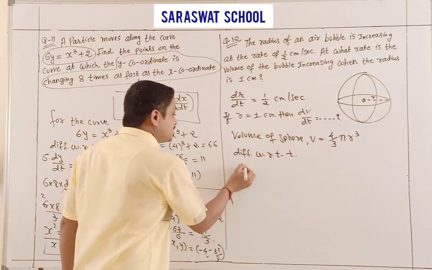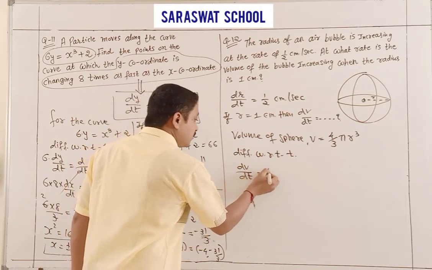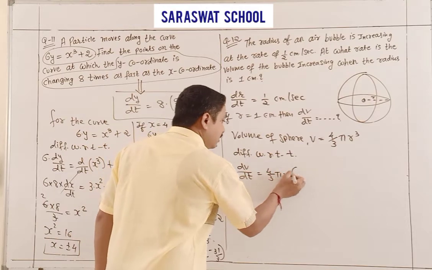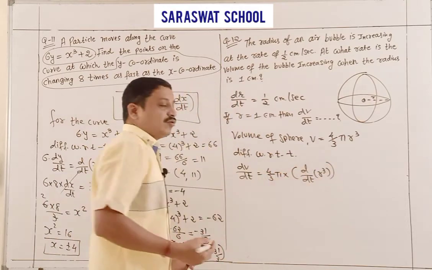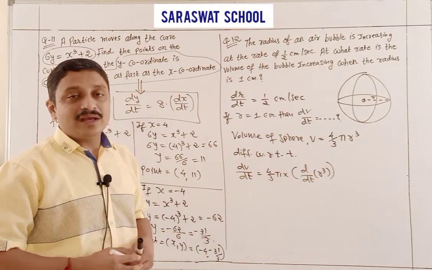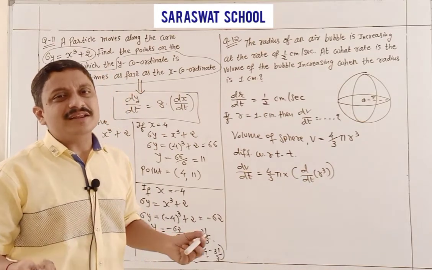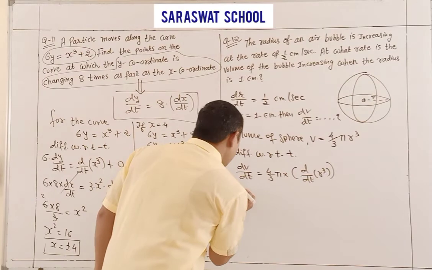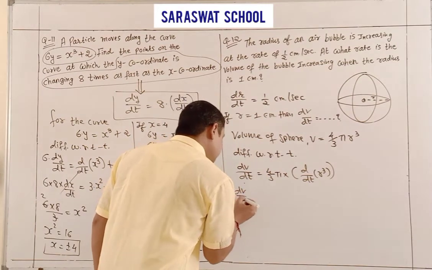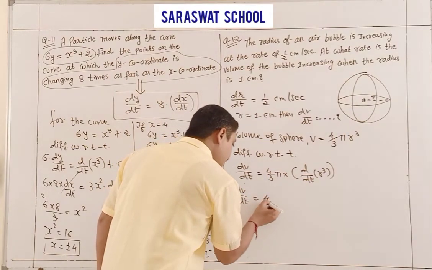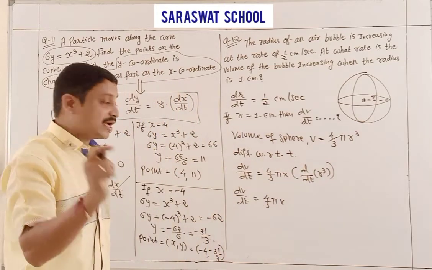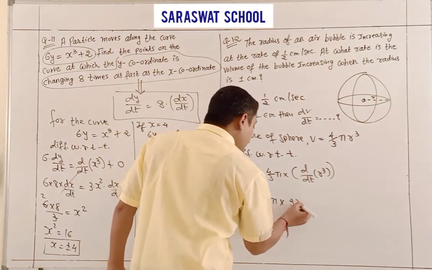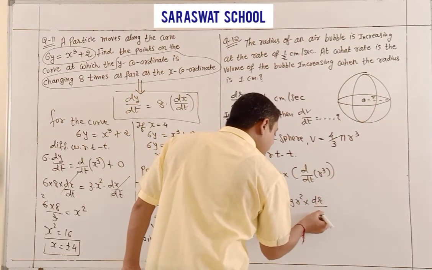So dv by dt equals 4 by 3 pi times the derivative d by dt of r cube. Easily done. So your answer dv by dt, it is your target. Here 4 by 3 pi, and what is the r cube derivative with respect to time? It is 3 r square, and dr by dt.